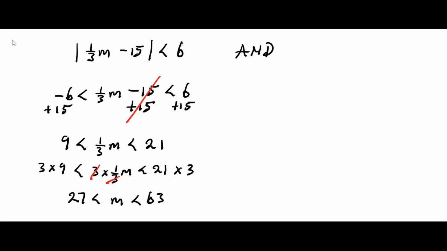Okay, let's also graph the solution in number line. So it's continuous on both sides, and this is 27 and this is 63. Since m is greater than 27, use an open circle and you move in this direction, and m is less than 63, use an open circle, you also move in this direction.